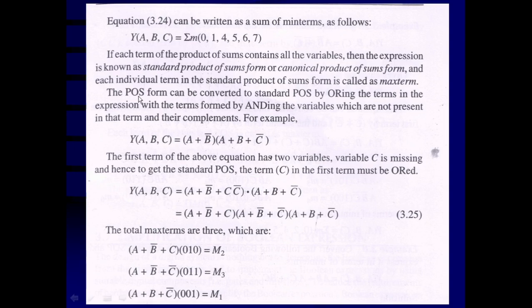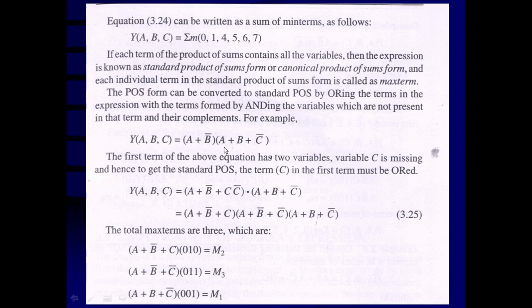the POS form can be converted into standard product of sums form by ORing the terms in the expression with the term formed by ANDing the variables which are not present in that term and their complements. For example, here there is a product.